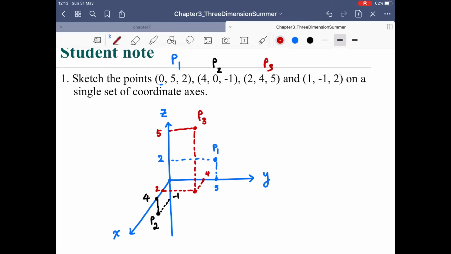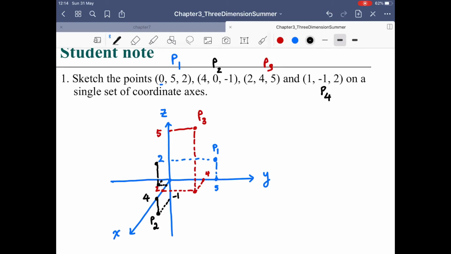What if your P4? Okay, it is going along the x-axis by 1 unit, and then continue by going on the negative y-axis for another 1 unit. So it goes like this, okay, and then it is elevated up again to the 2.